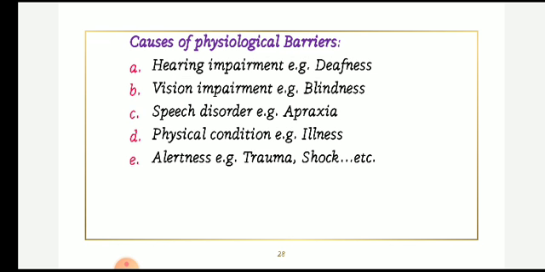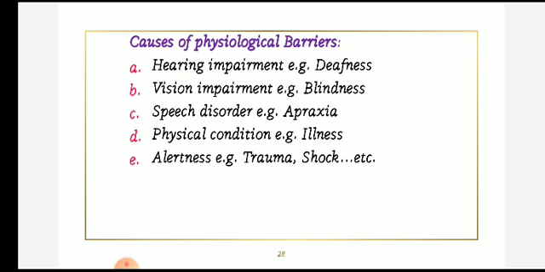Hearing impairment means a receiver is having a problem of hearing. It can be a partial hearing problem or a complete problem in hearing. A receiver with this hearing loss cannot receive the message.